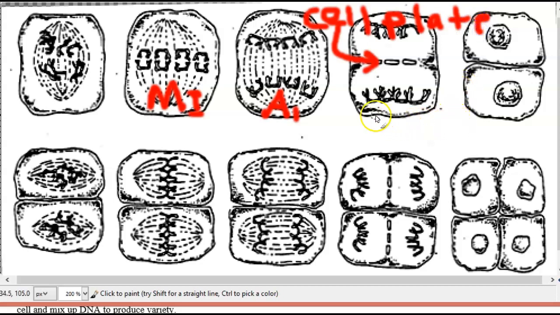And since the dyads have separated, these are going to be haploid. Alright, so that was in meiosis 1. Let's go to meiosis 2.